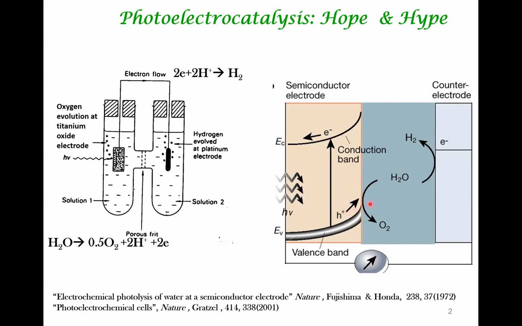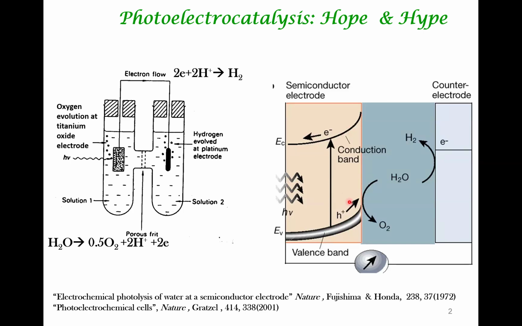So there is an electron transfer from the electrolyte to the semiconductor, and this electron fills the hole in the valence band edge. Then the other electron goes across the wire and gets to the counter electrode, wherein this reaction occurs, right? So that's what we see. We have already discussed quite a bit on why there is band bending at the semiconductor electrolyte interface and why it is critical for electron hole separation.